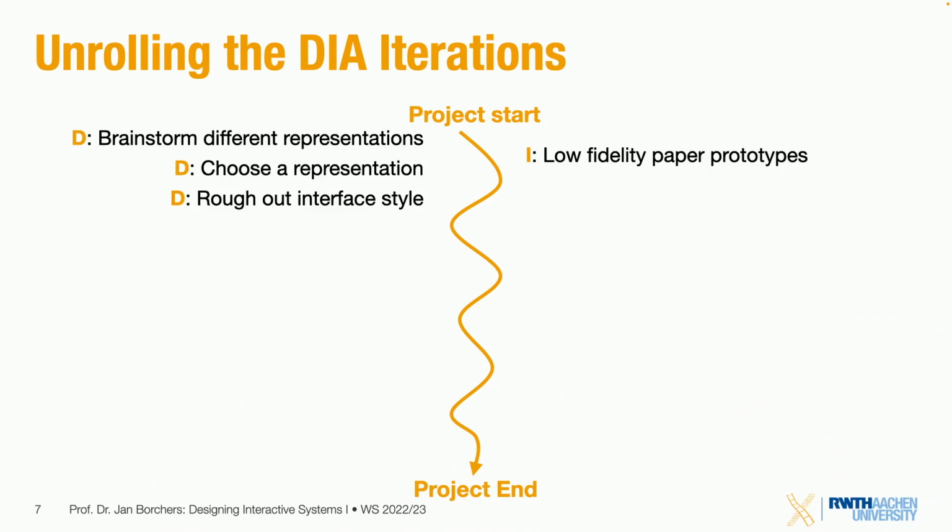Maybe you're saying, oh, it could be a mobile app, it could be in a head-mounted device AR thing. It could be a website that people can access from anywhere they want, or whatnot, right? It could be a voice assistant kind of thing, whatnot. So you brainstorm these different representations, you choose one, and you rough out the interface, right? Very, very, very coarse on paper with pen.